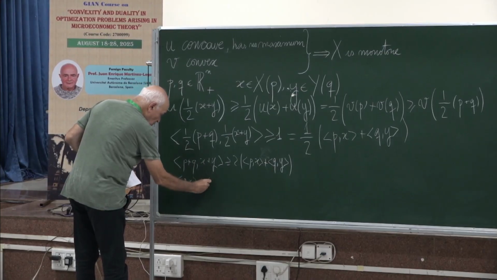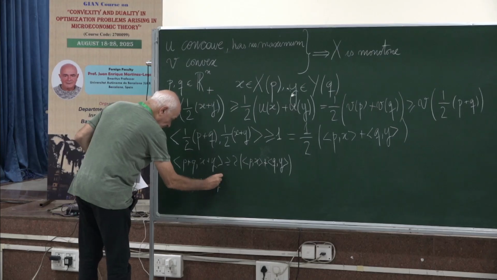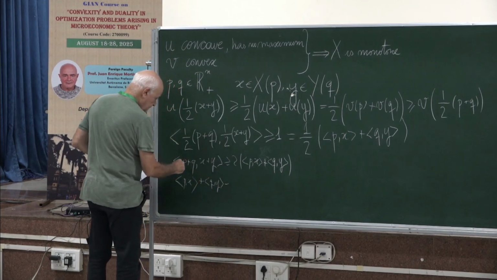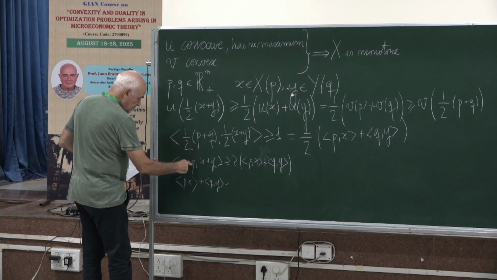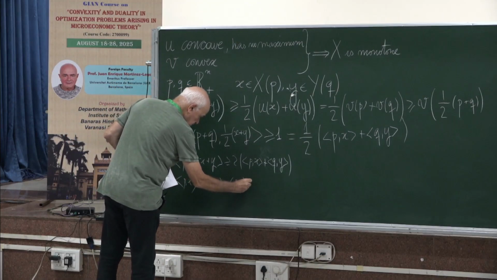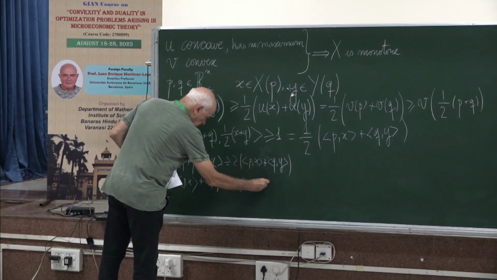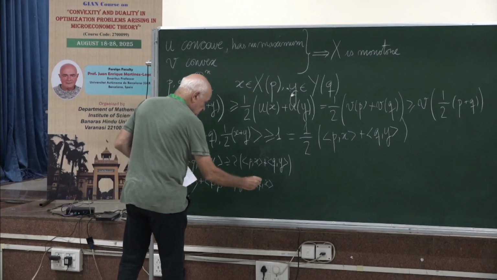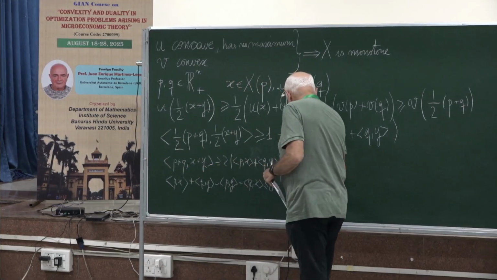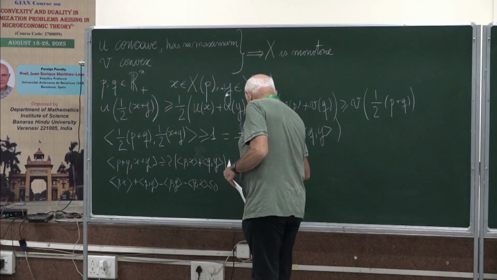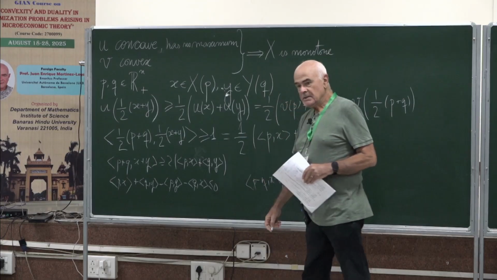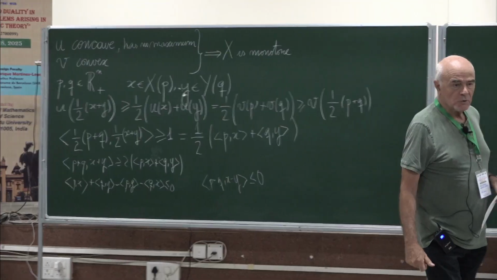The same with Qy, and then subtracting you get Py plus Qx less than or equal to 0. And of course, this means that (P minus Q)(X minus Y) is less than or equal to 0, which is the monotonicity condition.